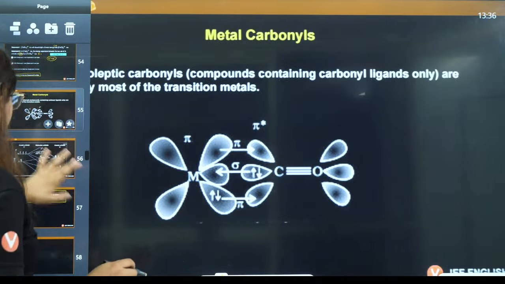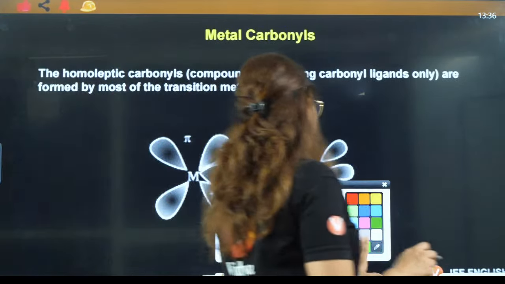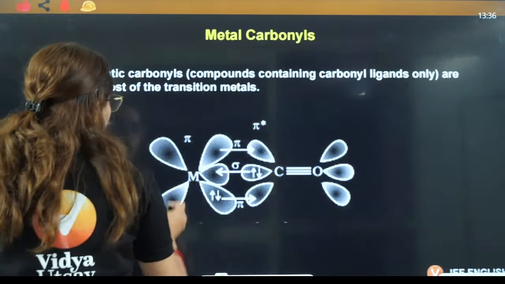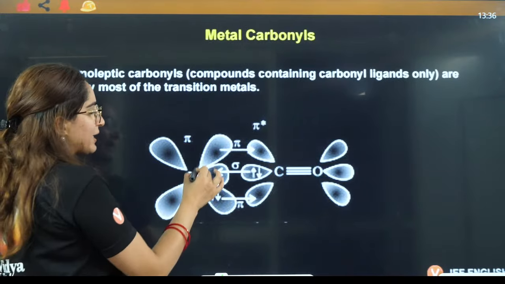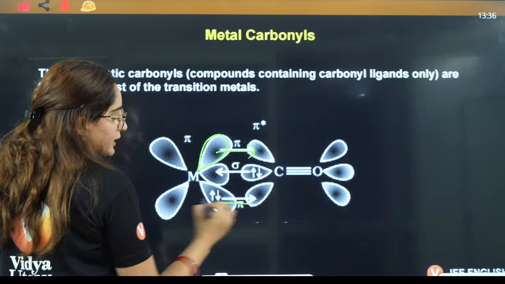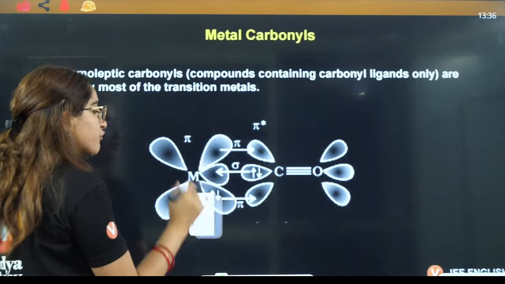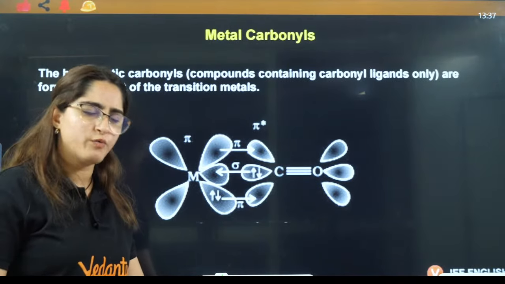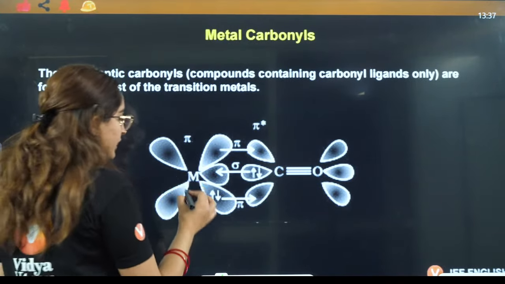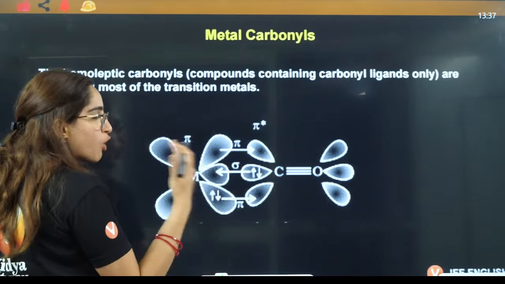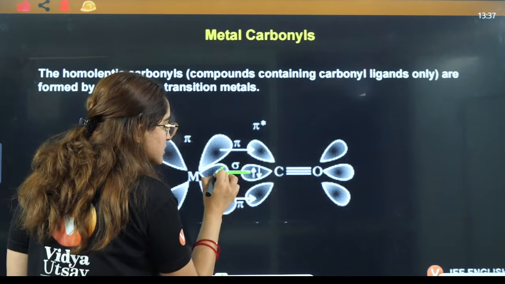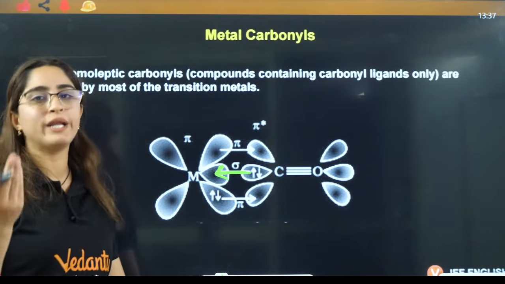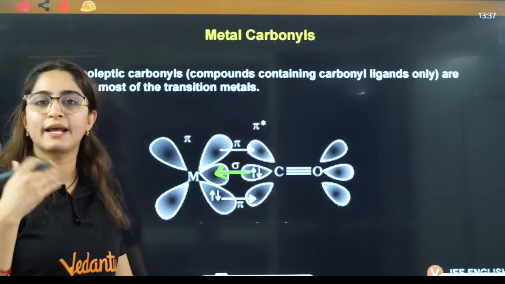Right? Okay. Let's talk about metal carbonyls, guys. In metal carbonyls, we talk about the synergic bonding. Usually the ligand is an electron donor, so the ligand donates its electron pair to the metal, and the metal is the electron acceptor.